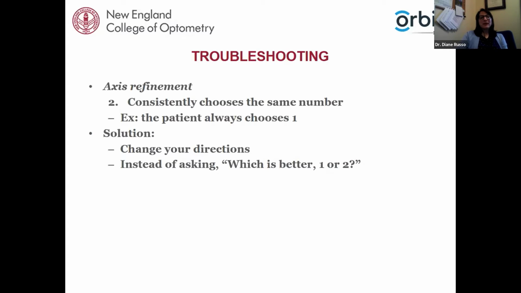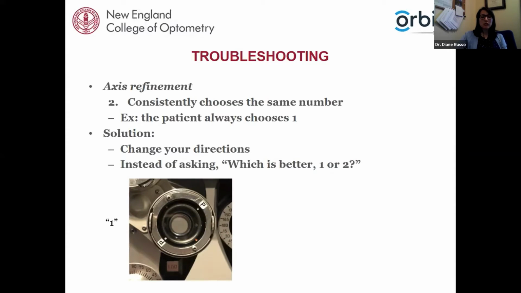So what you may need to do, certainly you can just change your choices because you know what you're showing the patient as 1 versus 2. And if they're always choosing 1, then you can just give them the opposite choice and see if they still choose 1. But one of the things you can also do, because sometimes it's the choosing a number in the patient instructions that can be difficult for the patient, is change your directions.